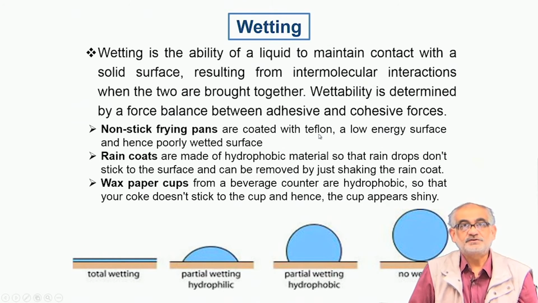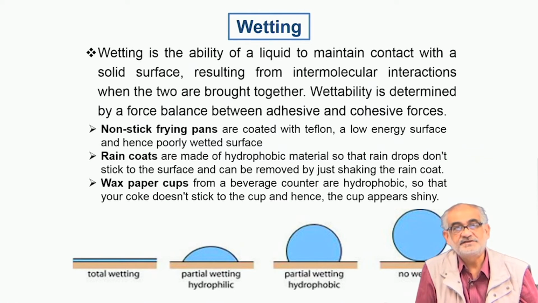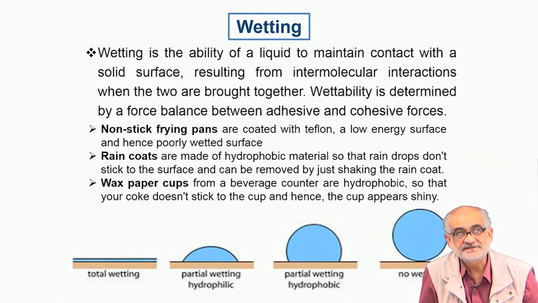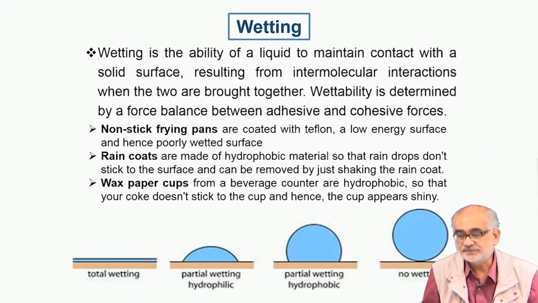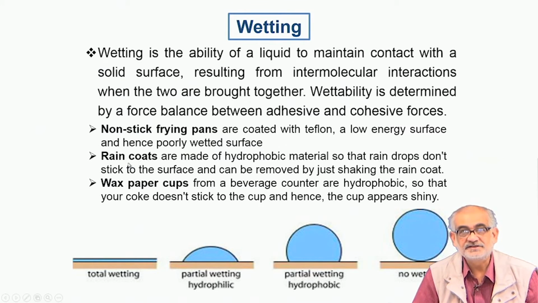Wettability is a very important phenomenon. We did discuss this in one of the earlier lectures. Look at the possible scopes of application. We are all aware of, or would have possibly used, non-sticky frying pans, and similarly we use raincoats or umbrellas or wax paper cups and so on.